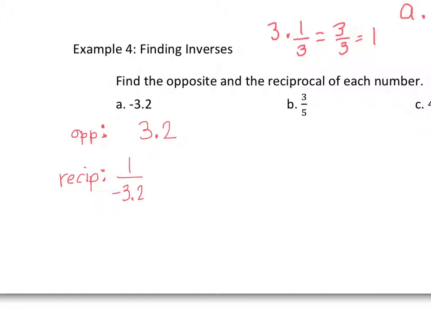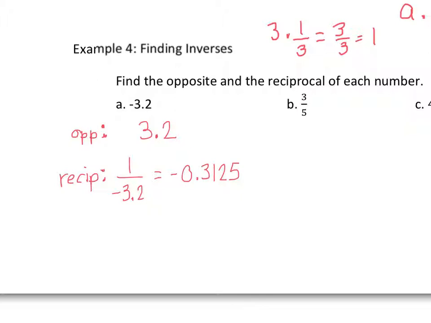So we need to put this into the calculator and let it spit out something prettier for us. It equals minus 0.3125. If we multiplied that by negative 3.2, it'd come out to equaling 1. We're good so far.